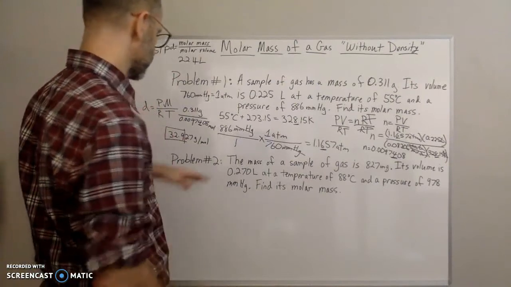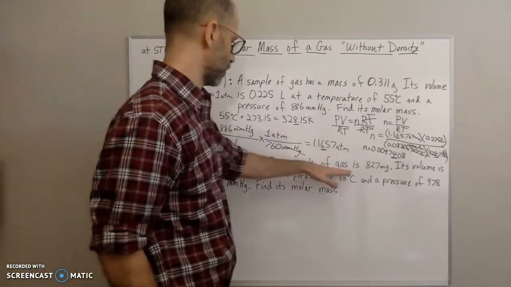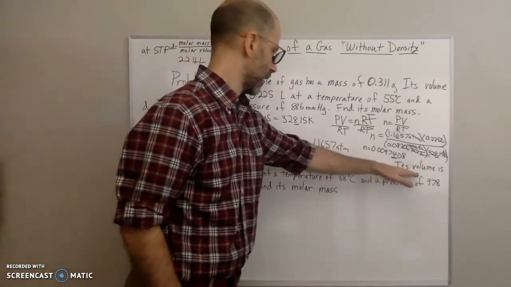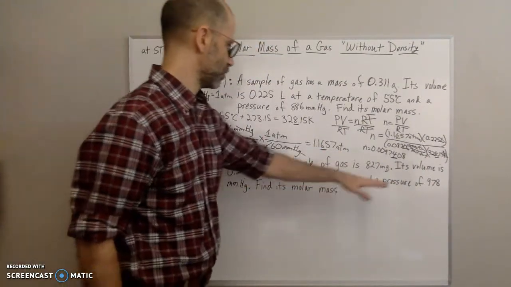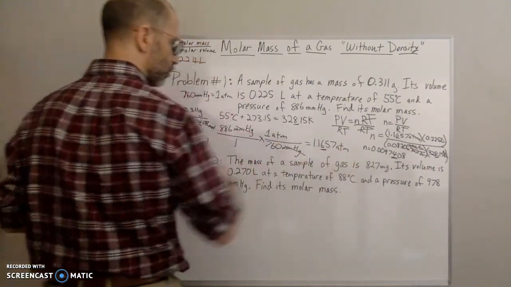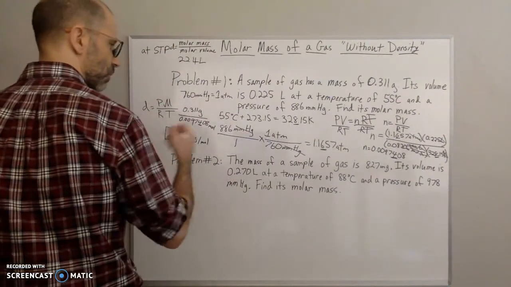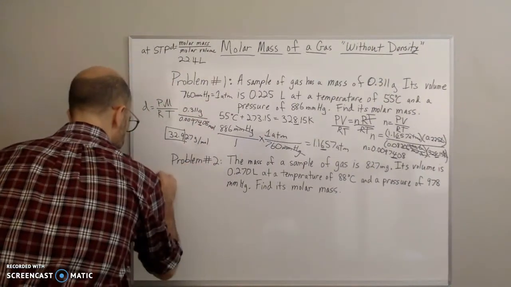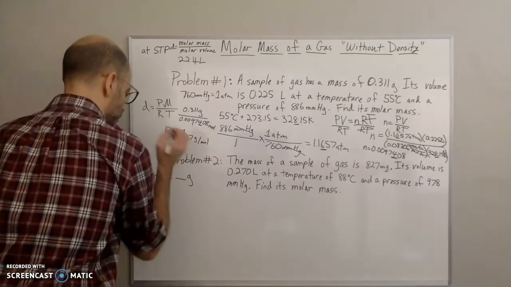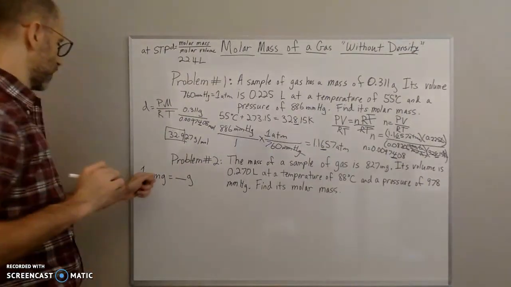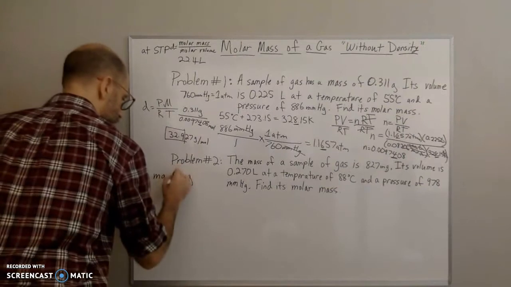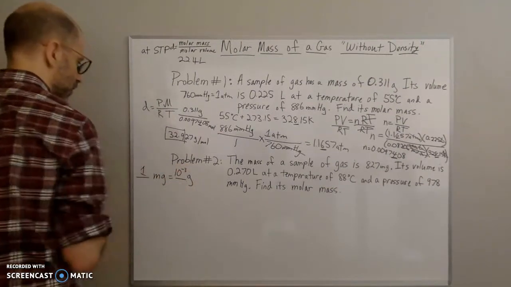So really quickly, here we have the mass of a sample of a gas. They gave us the mass, the volume in liters, the temperature, and millimeters of mercury. So it's the same thing. So we'll convert the milligrams to grams. So we have the equality of grams and milligrams. So I put the 1 with the milligrams, the prefix, and milli is 10 to the negative 3, so the prefix multiplied goes with the base unit.